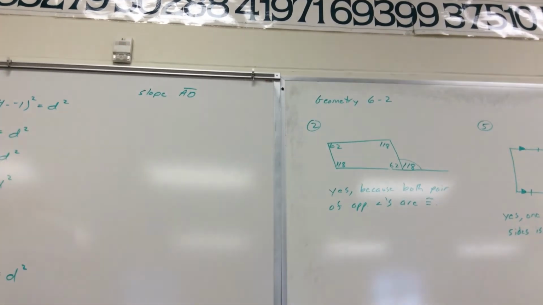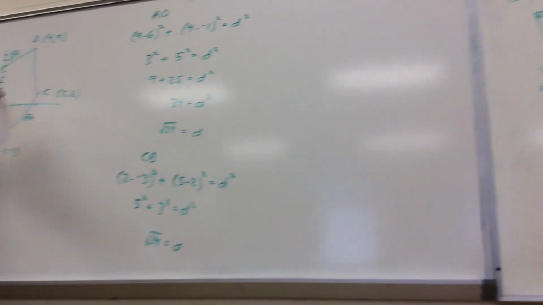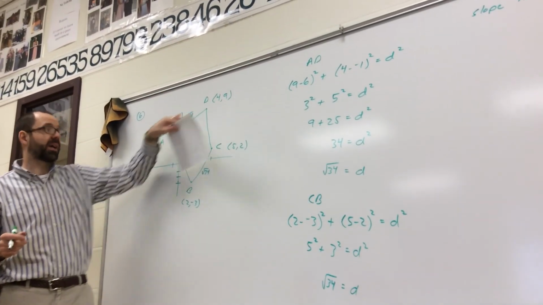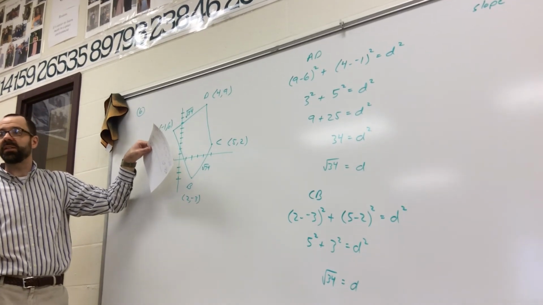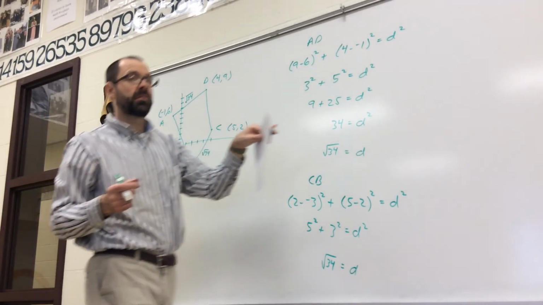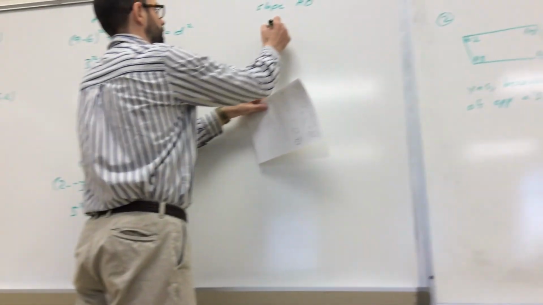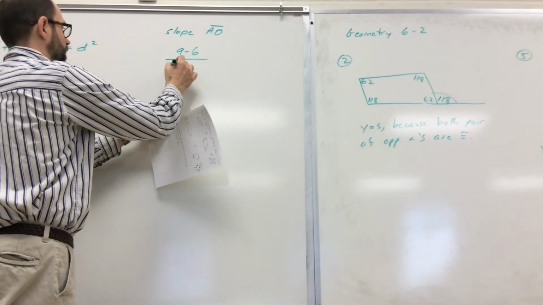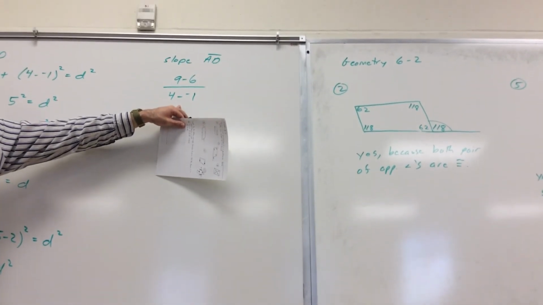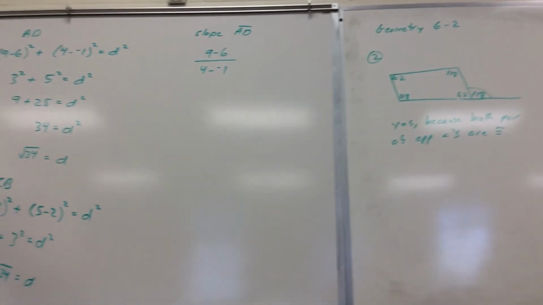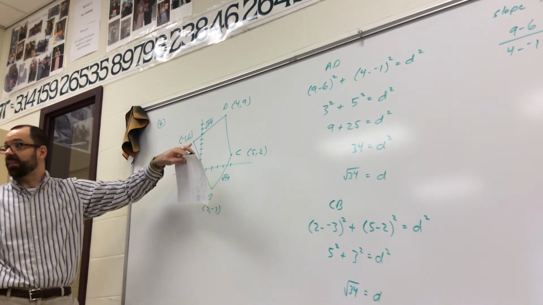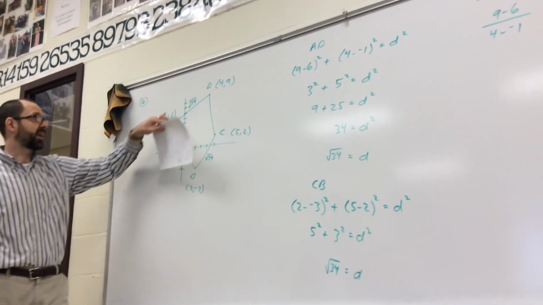Okay, the slope formula is similar to the distance formula. You still do 9 minus 6, and you still do 4 minus negative 1, but instead of squaring them and adding them, you do a fraction. So it's 9 minus 6 over 4 minus negative 1. So you still subtract the y's, 9 minus 6. You still subtract the x's, 4 minus negative 1.